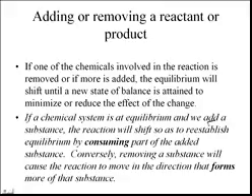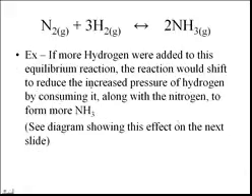So when we add a substance, it's going to consume it by shifting in the opposite direction. If we remove a substance, it's going to want to form more of that substance, shifting the reaction in that direction. Okay, so here it says more hydrogen were added, so we're going to add some more hydrogen, so that's going to go up.